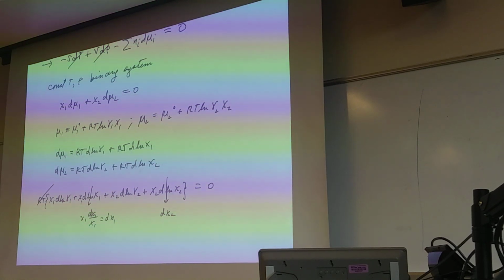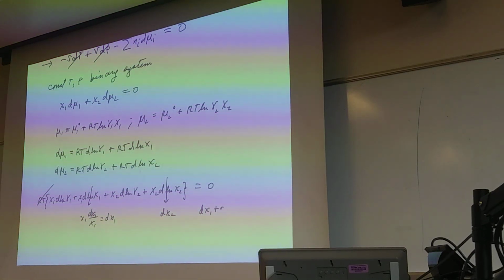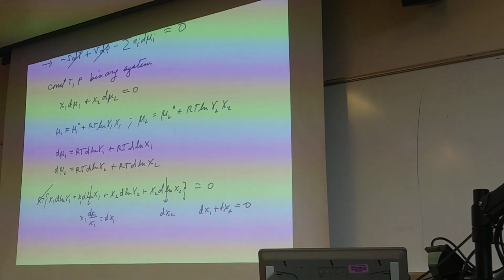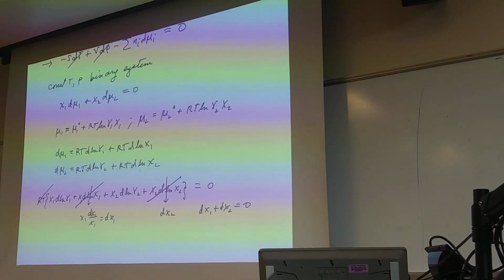I'll note here that dx1 plus dx2, of course, is equal to 0 because x1 plus x2 equals 1. So these go out. And what I'm left with is the following.